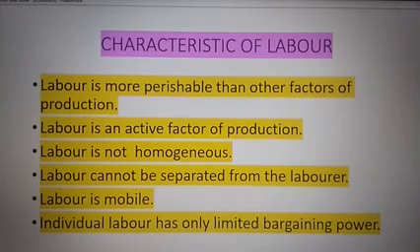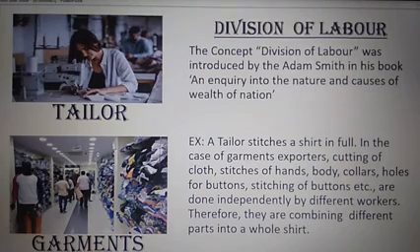Next one, division of labor. The concept of division of labor was introduced by Adam Smith in his book An Enquiry into the Nature and Causes of the Wealth of Nations. For example, a tailor stitches a shirt in full.